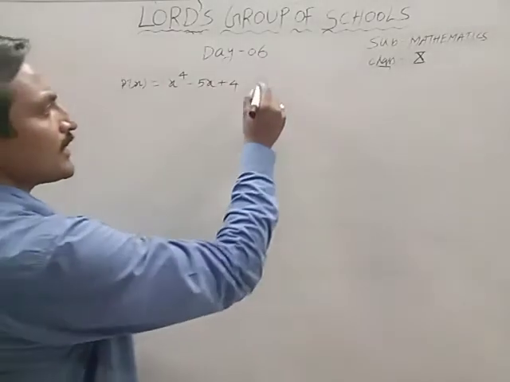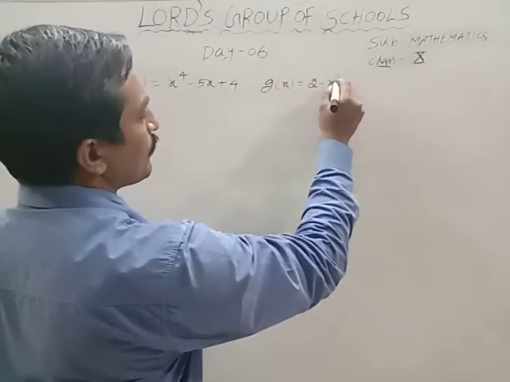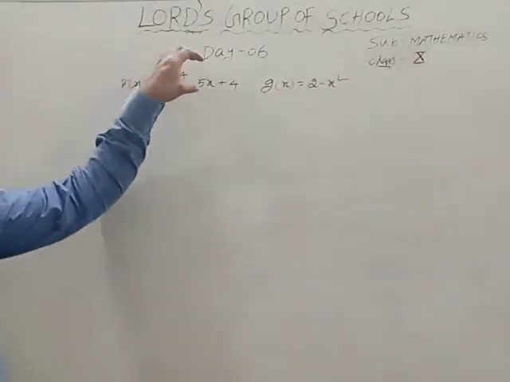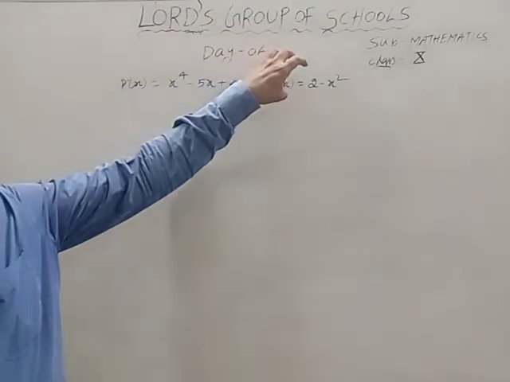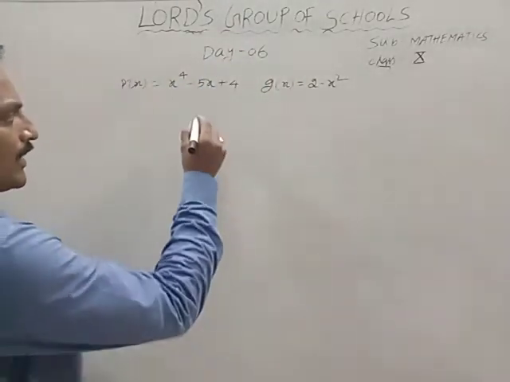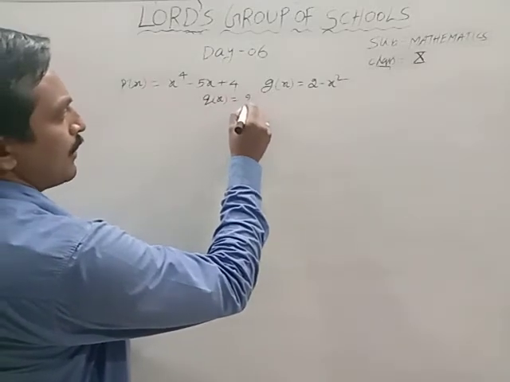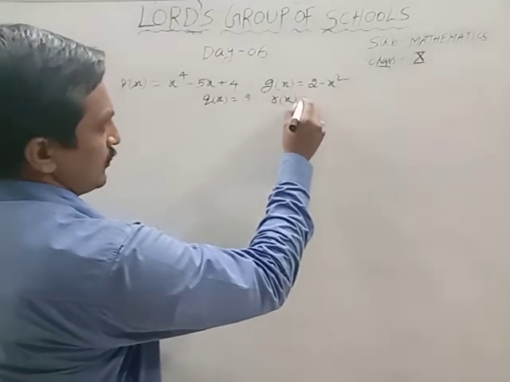G of x is equal to 2 minus x square. If P of x is divided by G of x, then what do you get? Quotient and remainder. Quotient, remainder, if asked like that in a question.